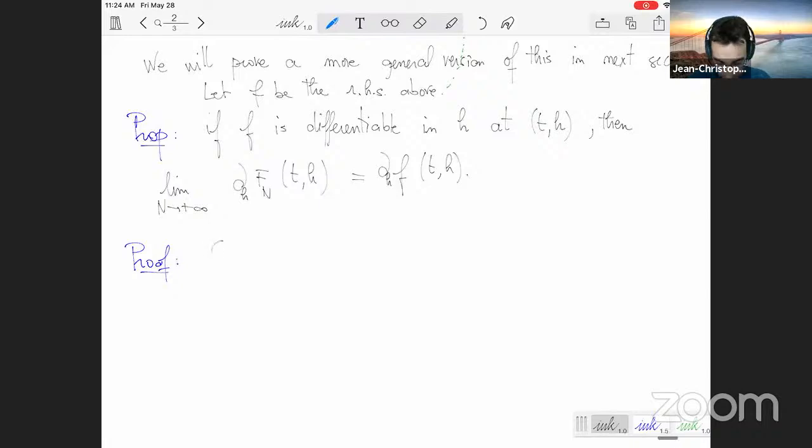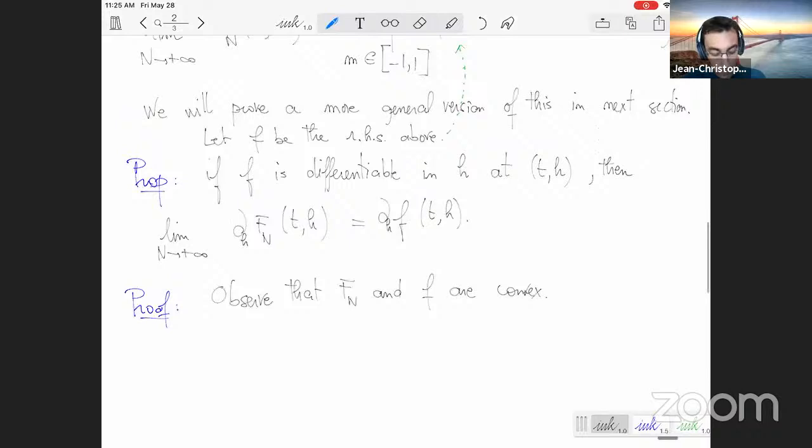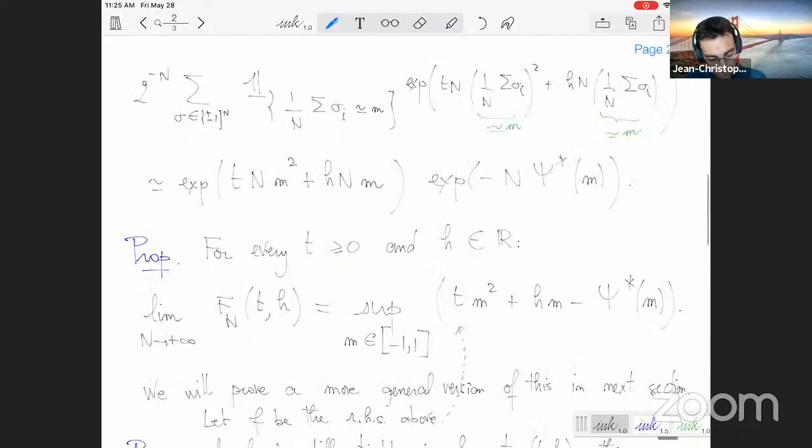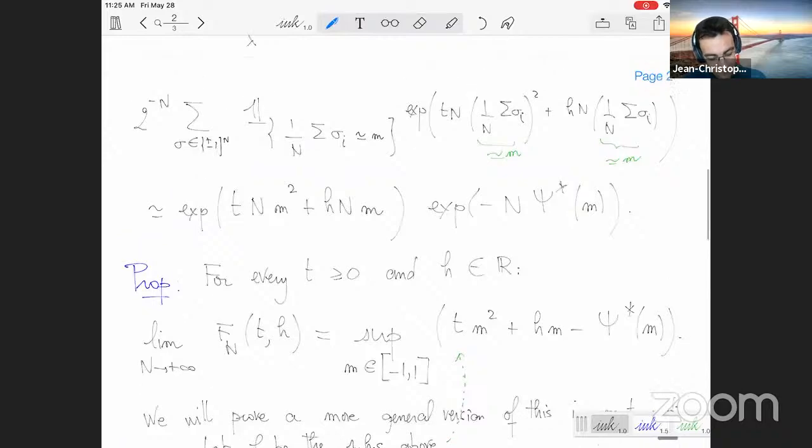Okay, so observe that Fn and F are convex. So let me display what Fn is. It's quite odd.